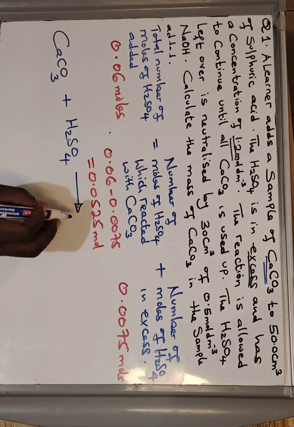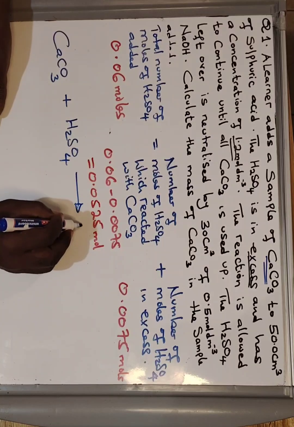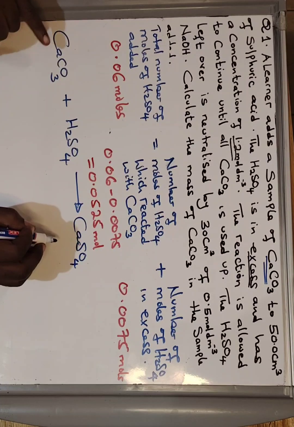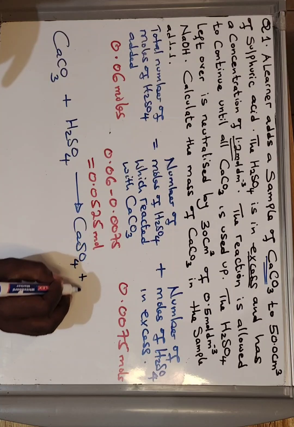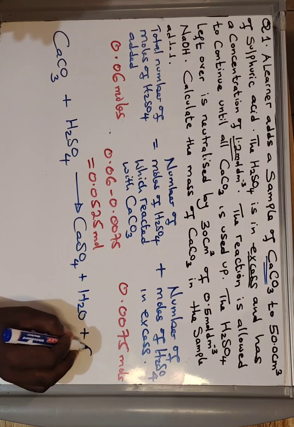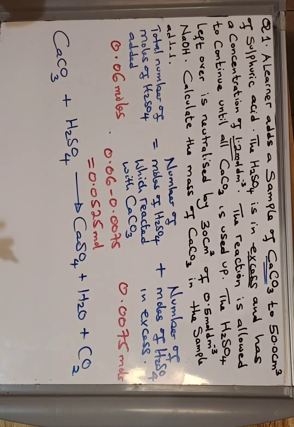The products are calcium sulfate plus water plus carbon dioxide. The next thing you do is to balance. Let us check and see. So it looks like it's balanced. So in this reaction, what do we have? This is what we have.